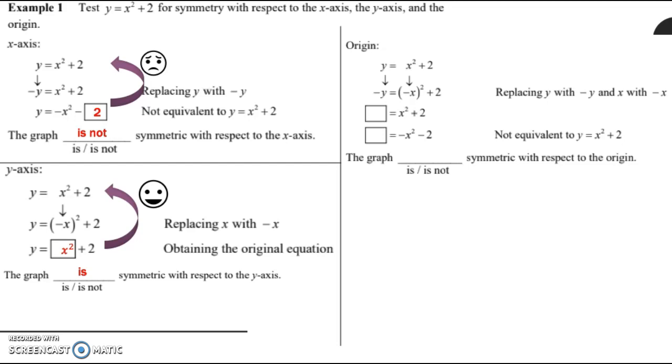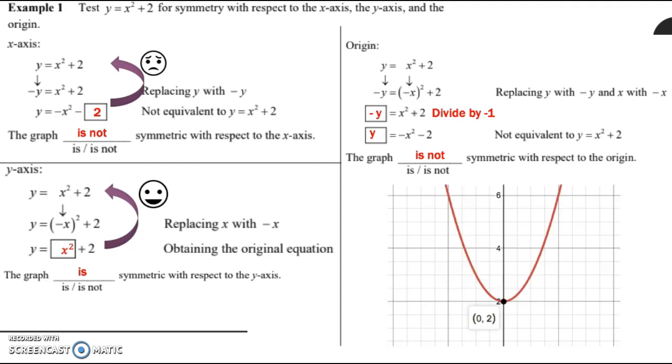When I simplify, I see that I end up with negative y equal to now positive x squared, since negative x and negative x is positive x squared. Divide everything by -1, and when I divide by -1, I see I get y is equal to negative x squared minus 2. And unfortunately, that does not match our original equation, so it is not symmetric with respect to the origin.